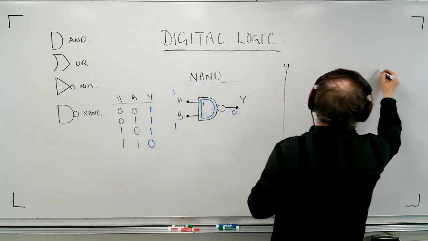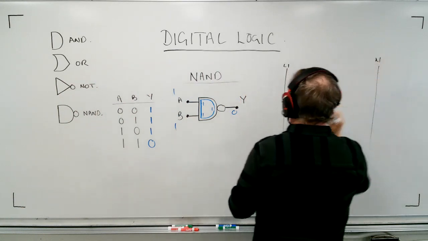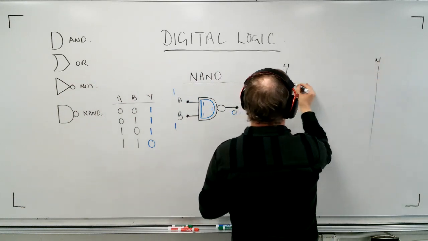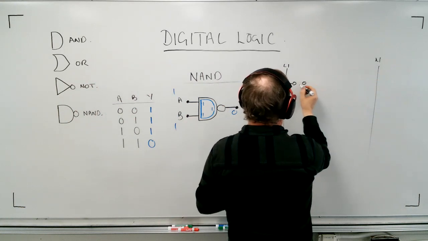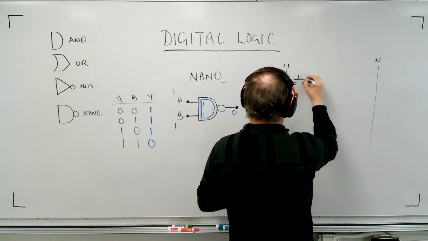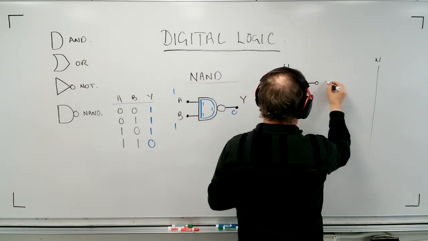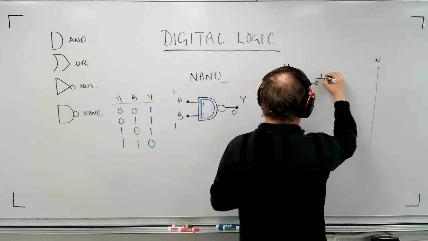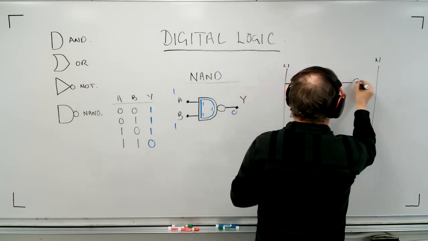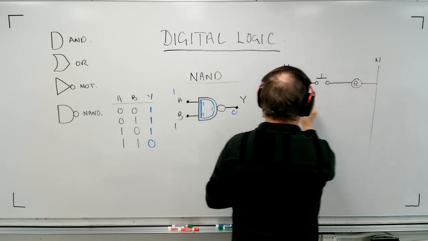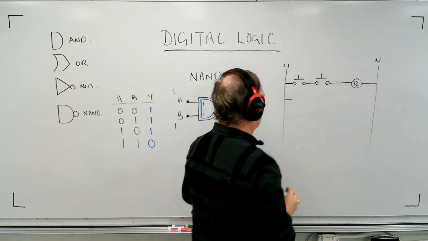Line 1, neutral. Oh, this is an AND, so that means I need to have a couple of buttons in series, okay? Because the AND is really a series circuit. There's my relay. But here's the difference.